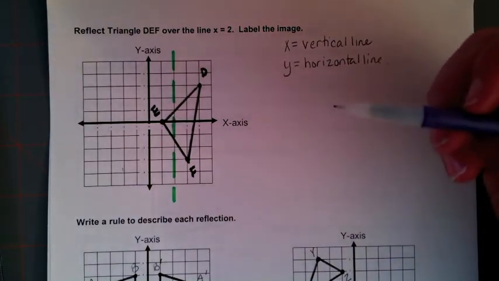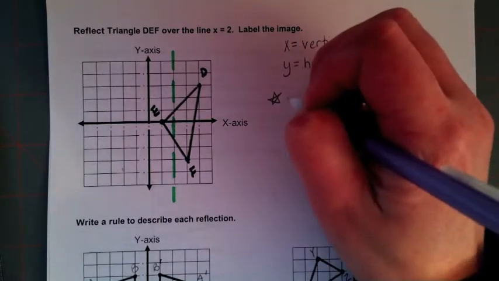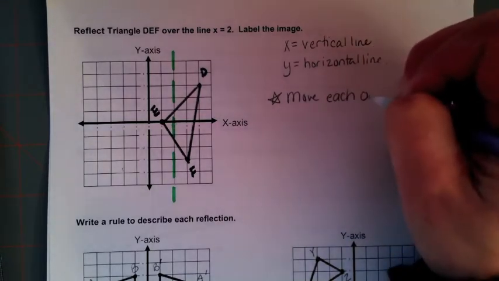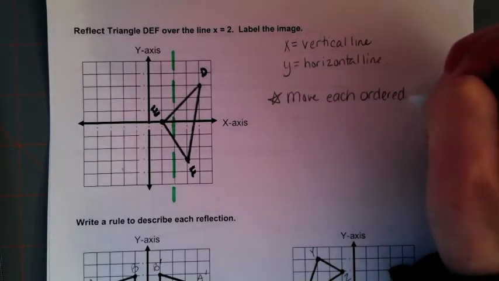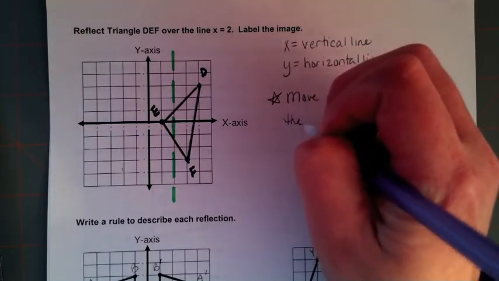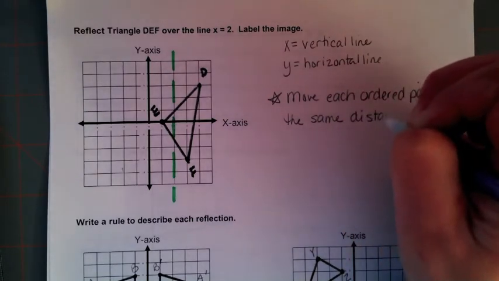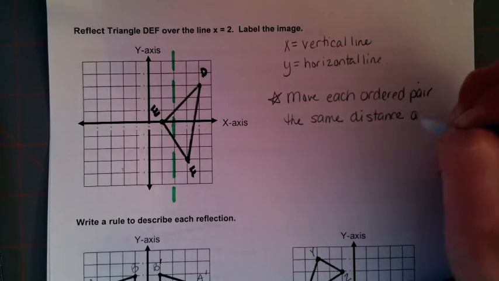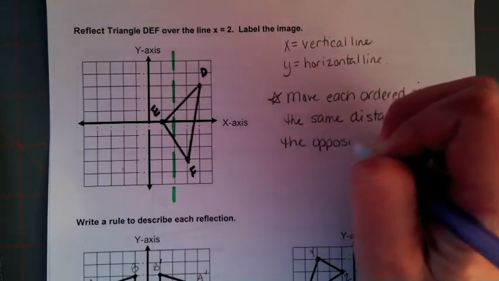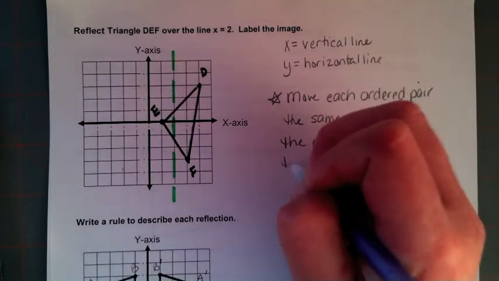So what you're going to go ahead and do is move each ordered pair. Let's make ourselves this note so you can remember it later. You're going to move each ordered pair the same distance on the opposite side of the reflection line.